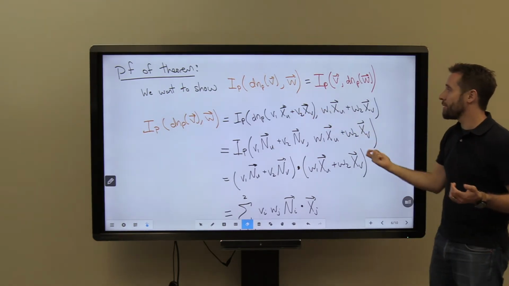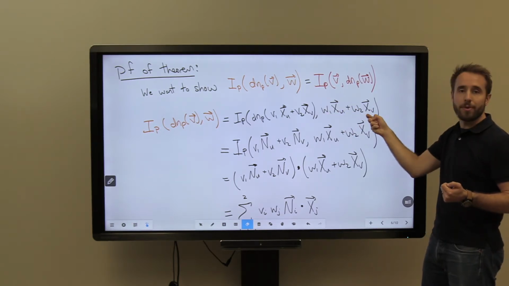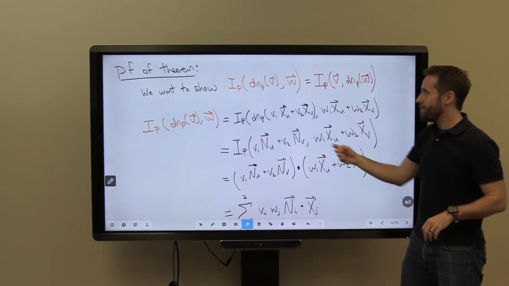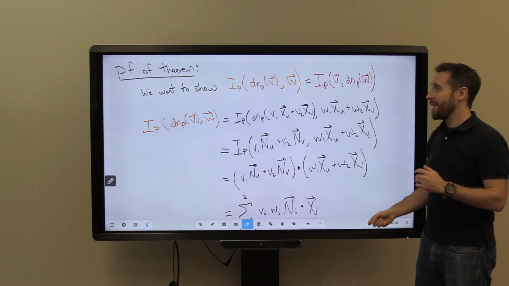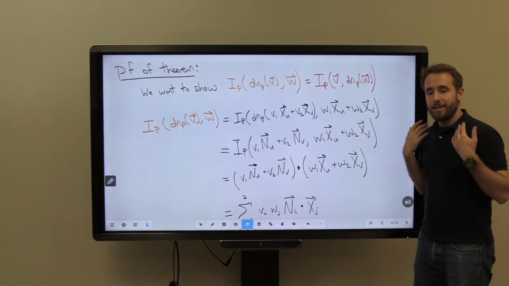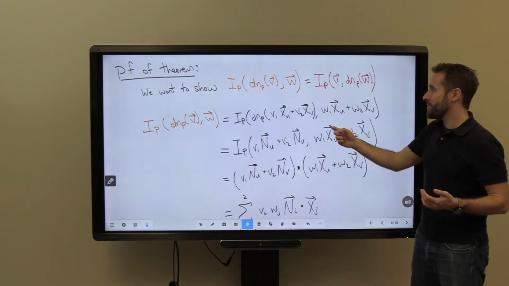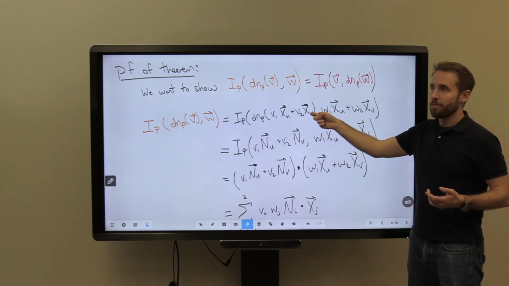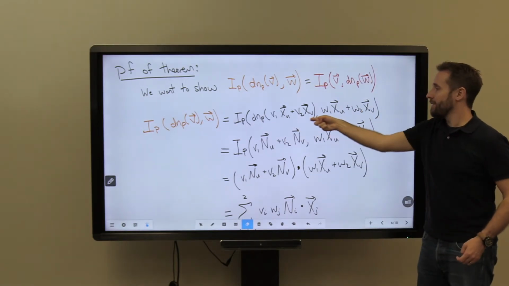Similarly, vector w could be thought of as w1 x sub u plus w2 x sub v. So my v1, v2, w1, and w2 are just coefficients, and I'm rewriting these vectors v and w as a linear combination of my basis vectors x sub u and x sub v. So this line over here is just equal to this line.